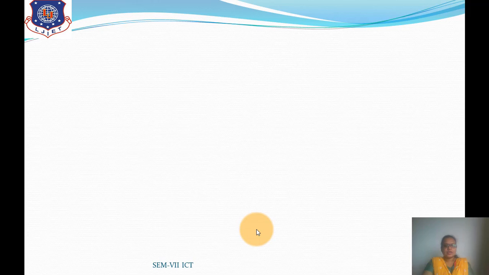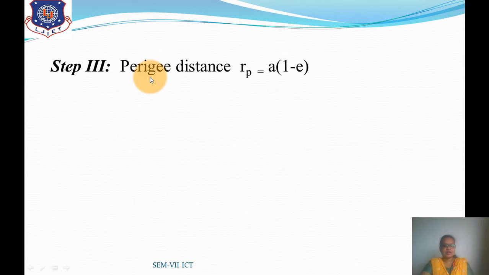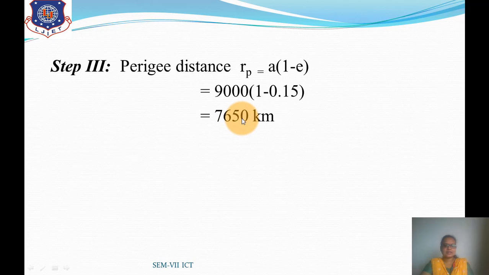Now in the third step, we need to find the perigee distance. Similar to the apogee distance, the perigee distance has the formula Rp equal to a into (1 minus e). Substituting the value, 9000 into (1 minus 0.15), we get Rp, the perigee distance, as 7650 km.